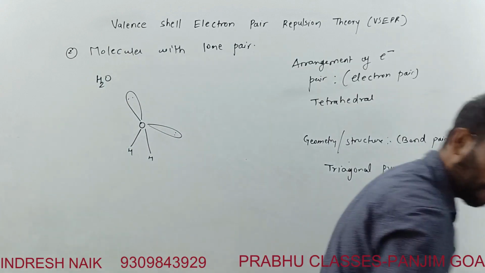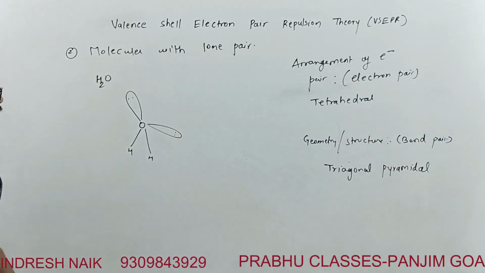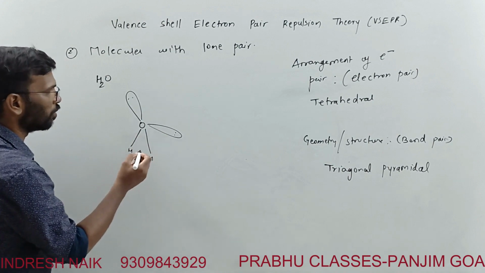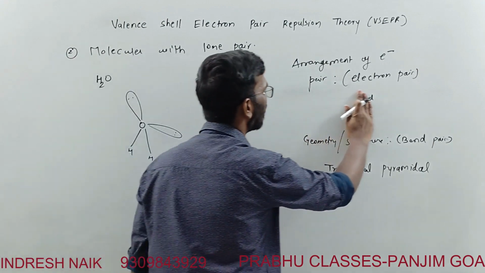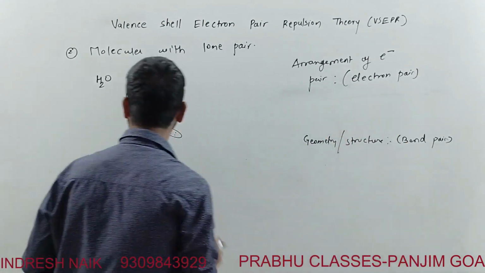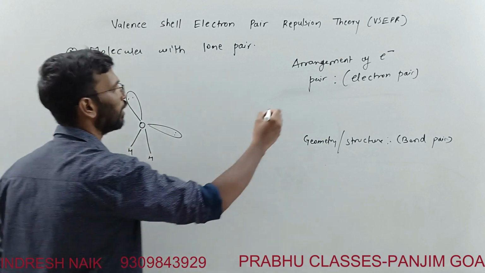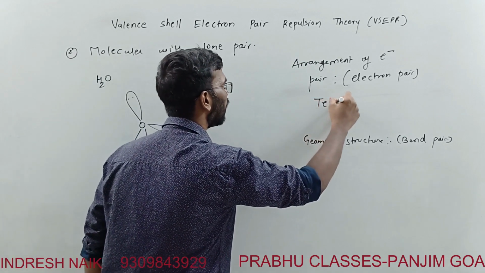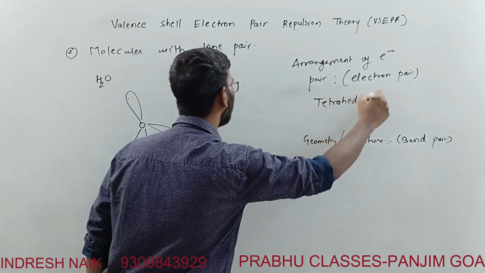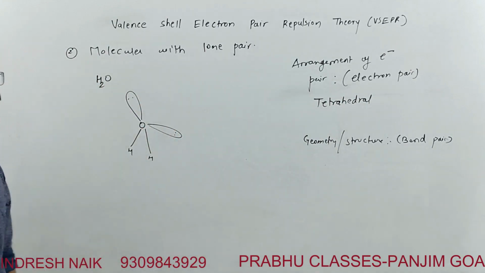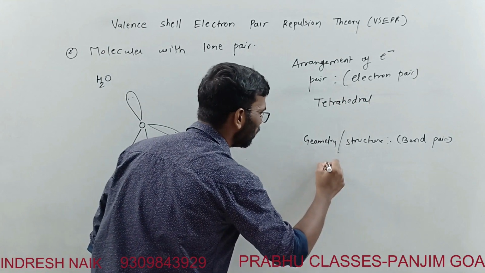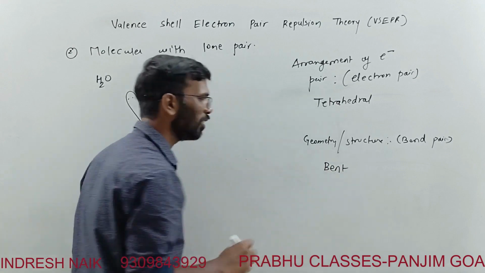Now over here, this is a lone pair, maximum repulsion. What is the arrangement of the electron pair? Arrangement of the electron pair again over here is tetrahedral. It is tetrahedrally oriented, with lone pairs and bond pairs. What is the geometry? Geometry is bent for this.